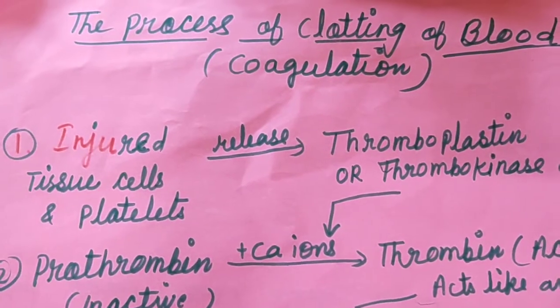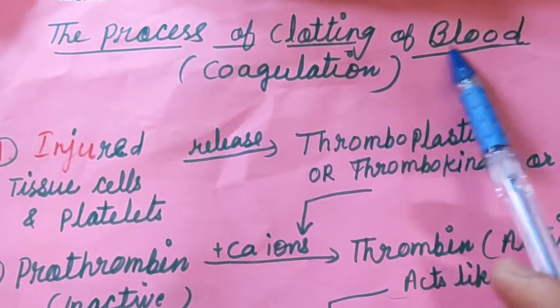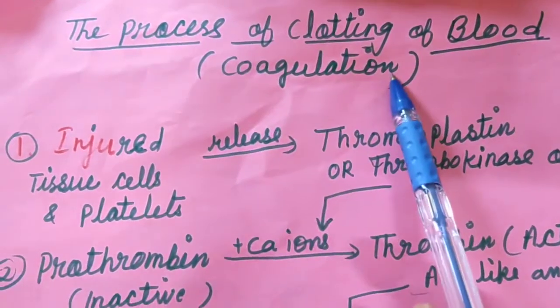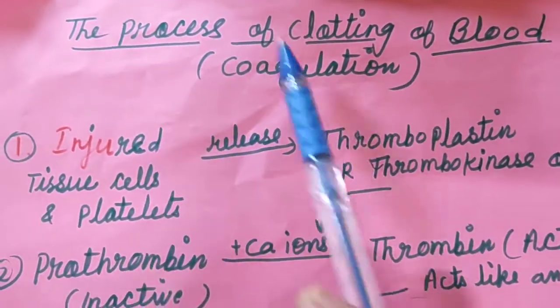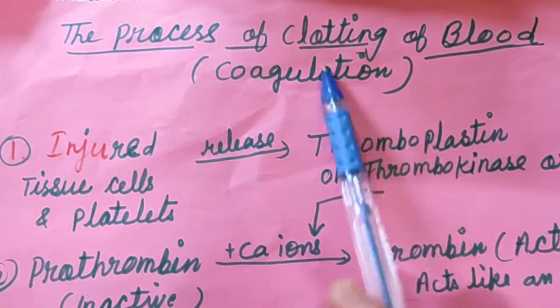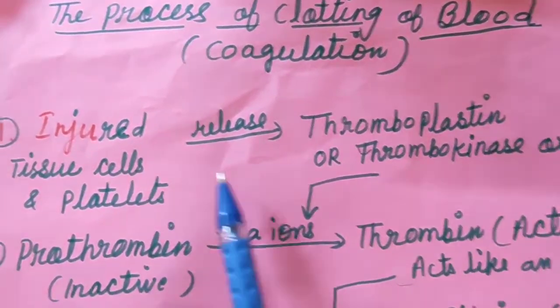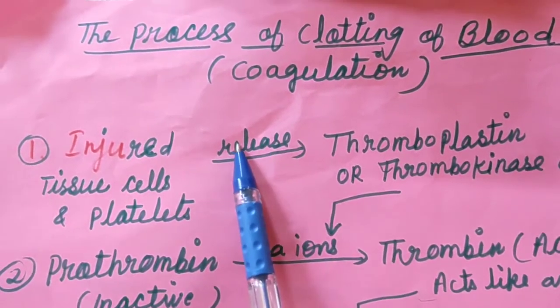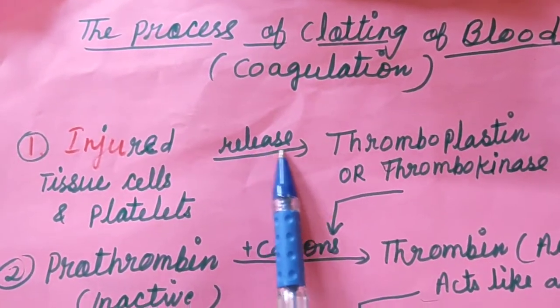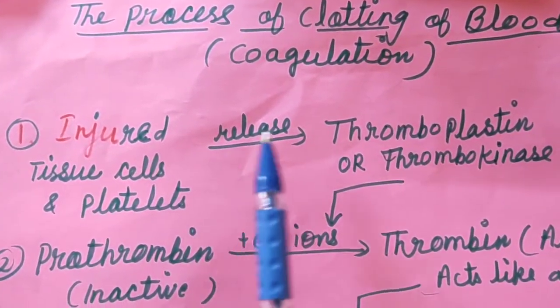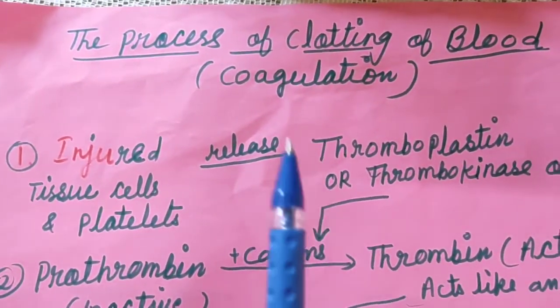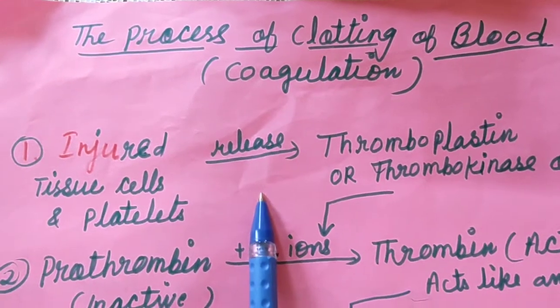Today we are going to learn the process of clotting of blood, coagulation, how blood clots in our body. You have observed when a blood vessel is cut or we have an injury in any part of our body, blood escapes from it.